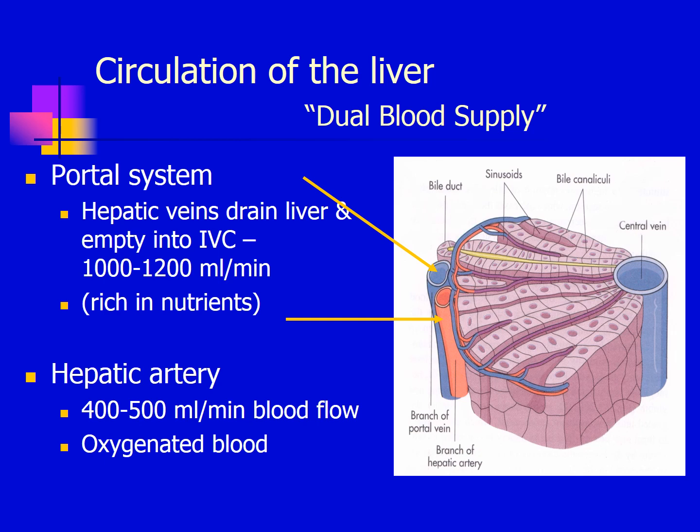So very rich in nutrients, right? And you have the hepatic artery, which flows 400 to 500 mLs per minute, and it's oxygenated blood. You know that artery carries oxygenated blood, and vein carries non-oxygenated blood.